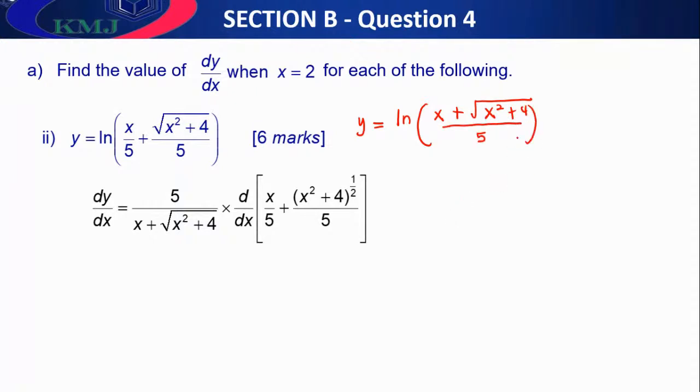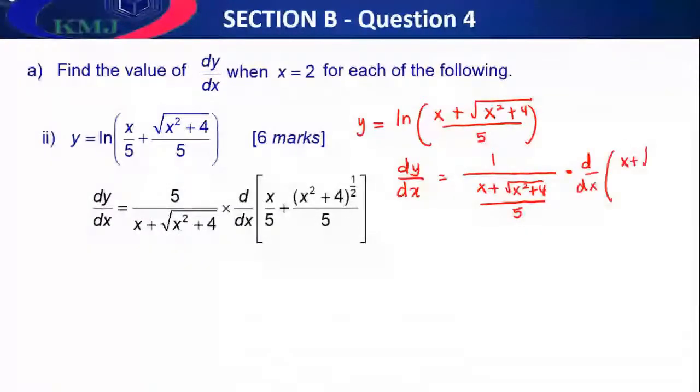Okay, so if we want to differentiate, you will get dy/dx equals 1 over, we just copy down the function here, (x + √(x² + 4))/5, and then times the derivative of this function, d/dx of (x + √(x² + 4))/5.